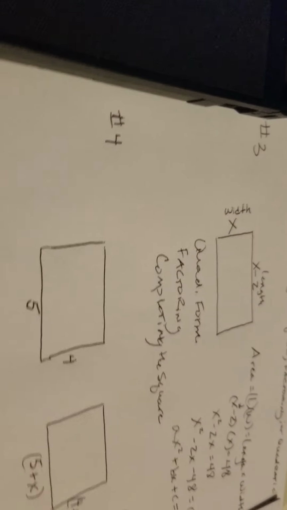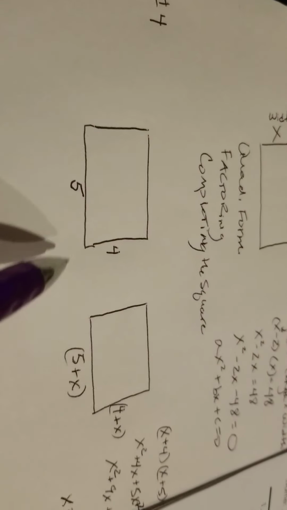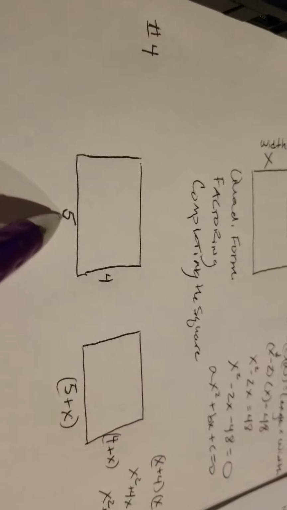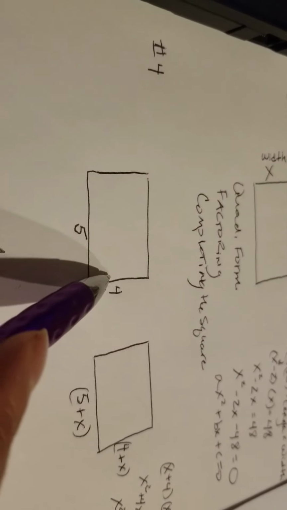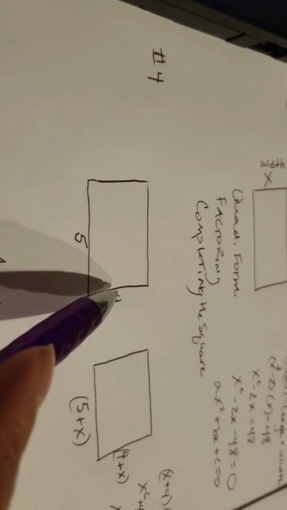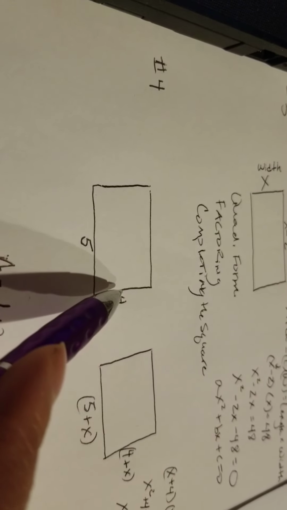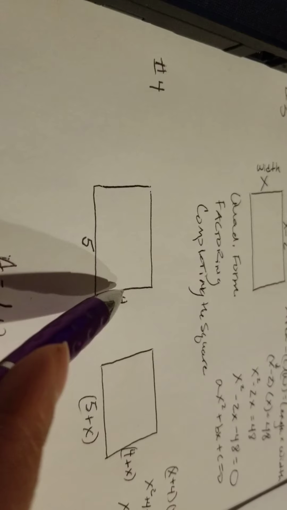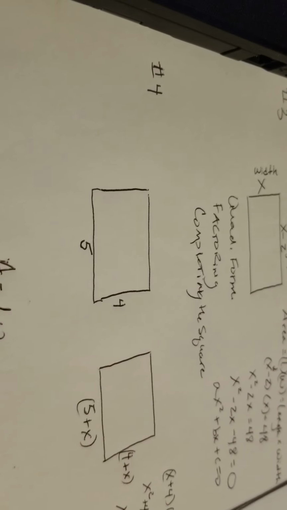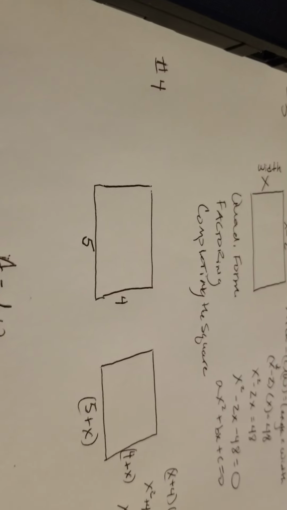Let X be the amount of the increase. Over here is where I begin to set that problem up. We're talking about our first garden. The dimensions were 4 by 5.